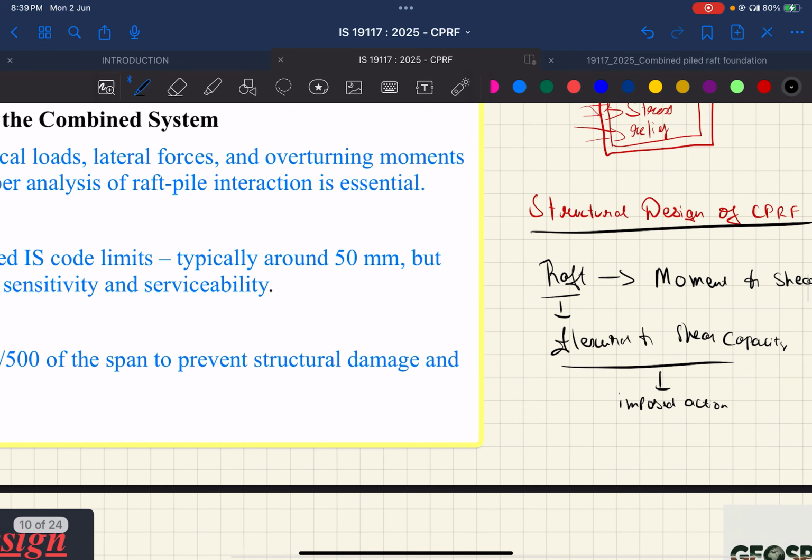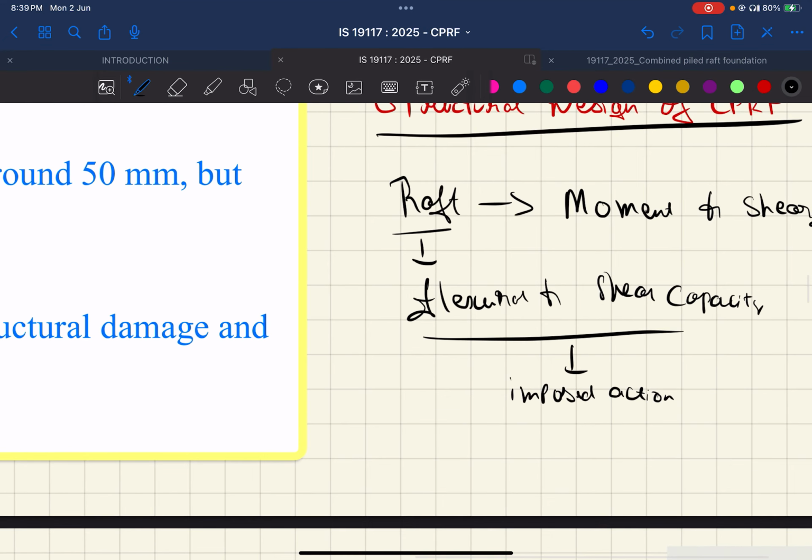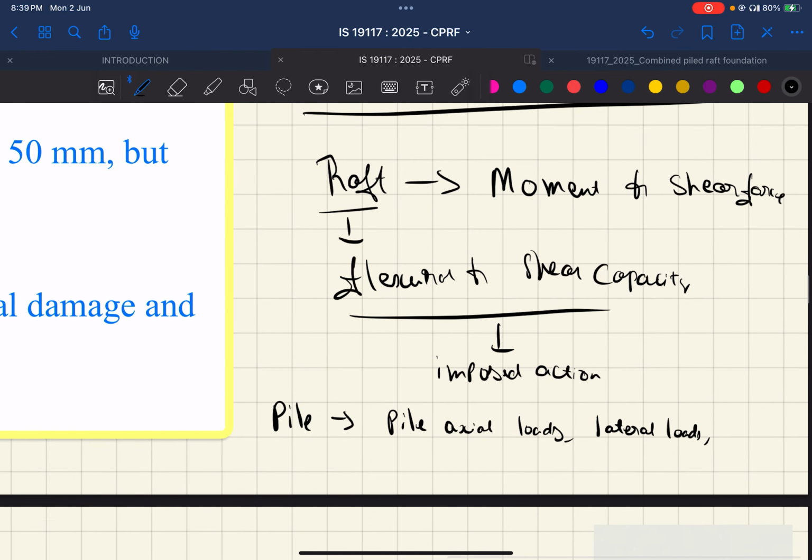The next design here is for the pile. Similarly, the design of the piles includes calculating the pile axial loads, the lateral loads, and moments.